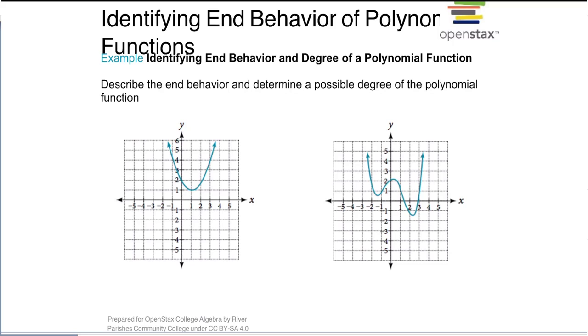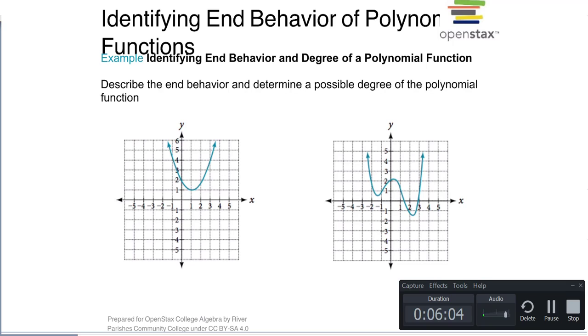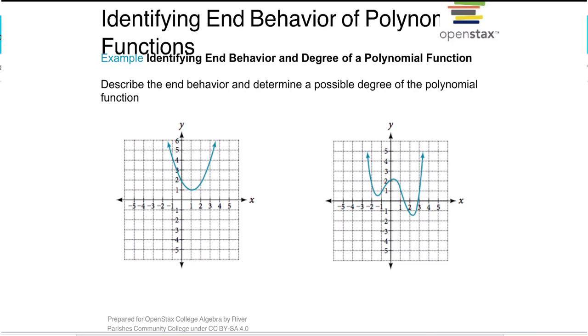All right, so we're going to describe the end behavior and determine a possible degree of the polynomial function. Okay, so let's see what we can figure out. We can determine the end behaviors, but we also know some things about the degree and the leading coefficient.